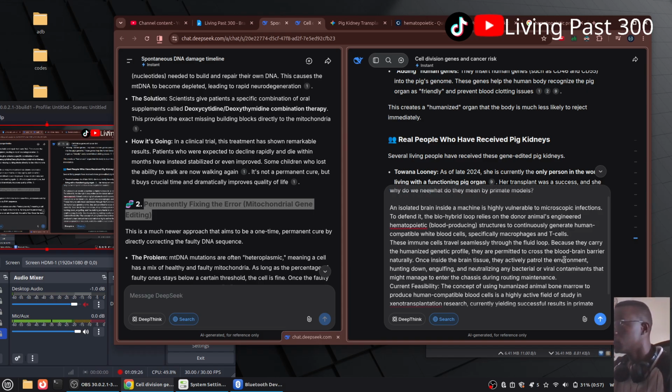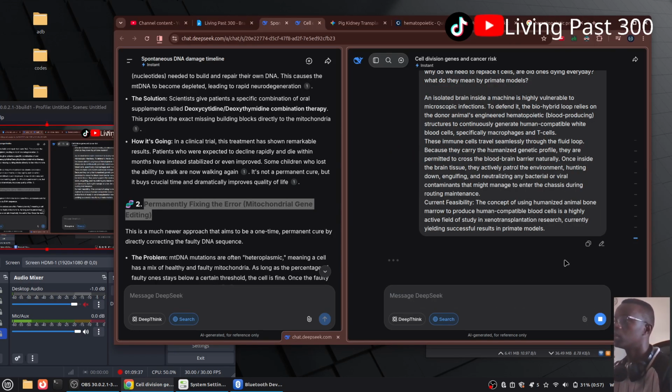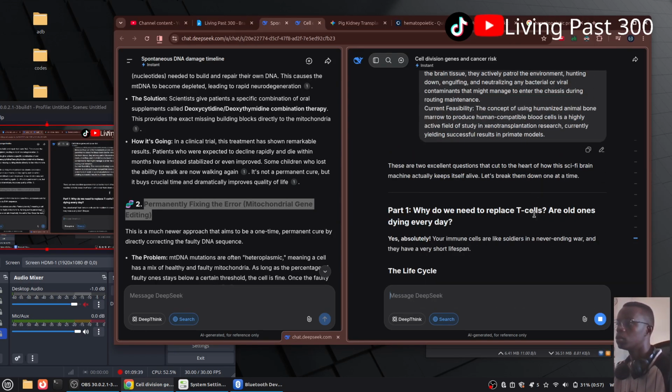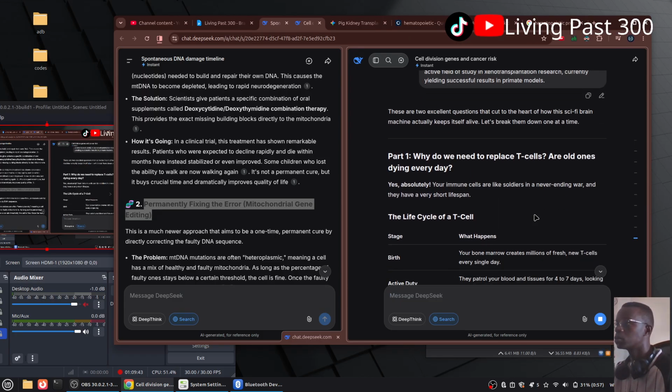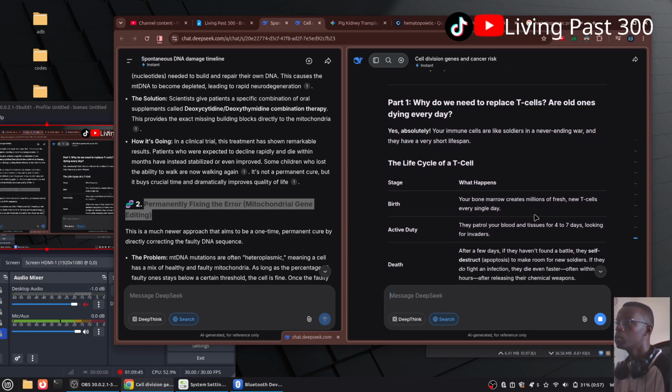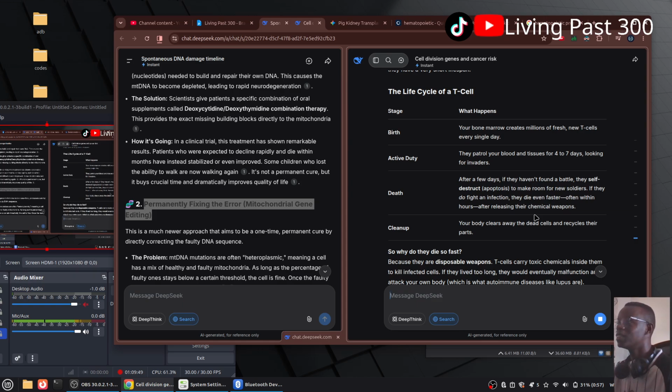Why do we need to replace T cells? Are the old ones dying every day? Oh, so they continue to die in a war.